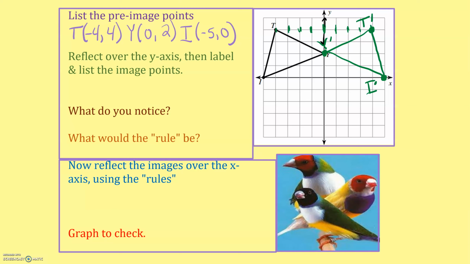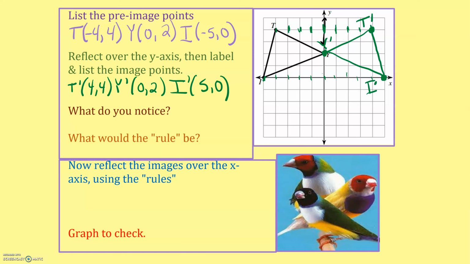If I'm at 0 and I fold it right there, it folds on top of itself, so it doesn't move at all. If I go to the I, it's 5 to the left, so I move it 5 to the right of the y-axis. Now I'm going to label those points. My t prime is now 4, 4. My y prime is now 0, 2. And my I prime is now 5, 0.